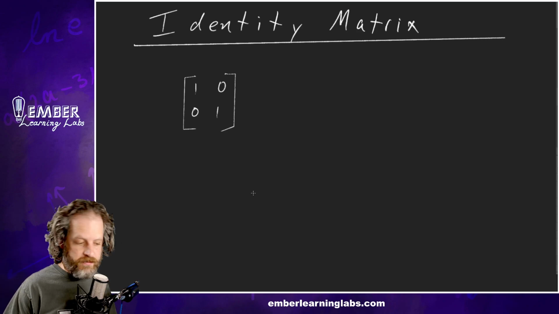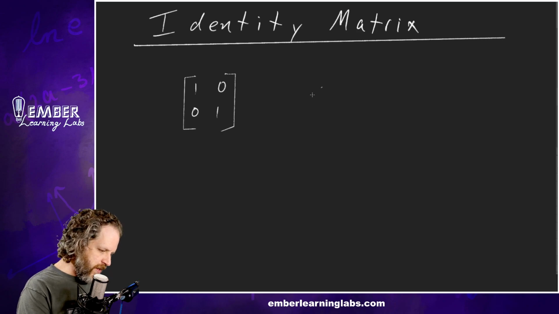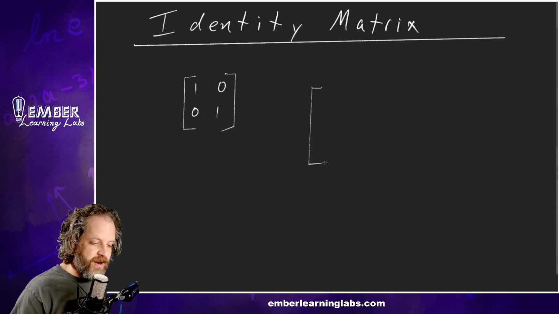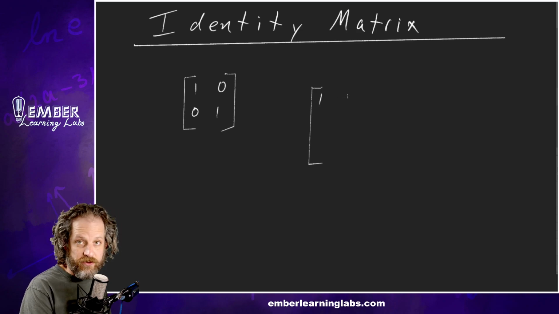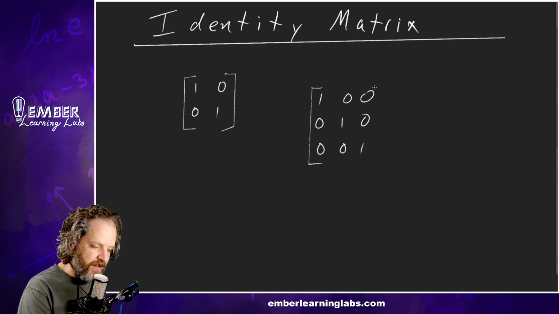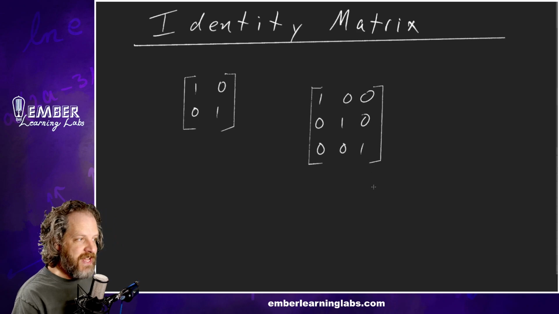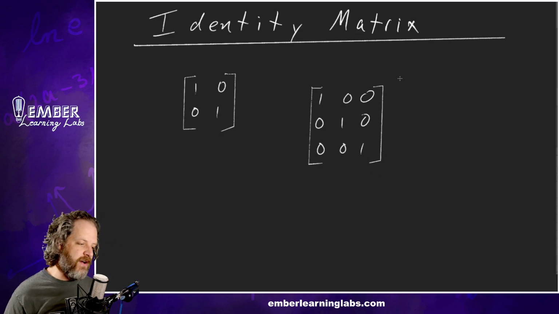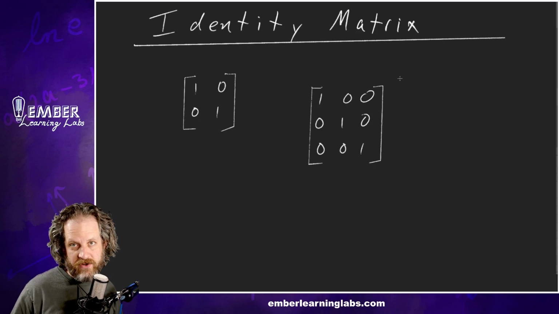Just to put the point home, we're not going to be talking about 3x3s or 4x4s in this lesson, but this is a 3x3: 1, 0, 0, and then 0, 1, 0, and then 0, 0, 1. So see, it's got ones all along this main diagonal going down, and then zeros everywhere else. That's what an identity matrix looks like.